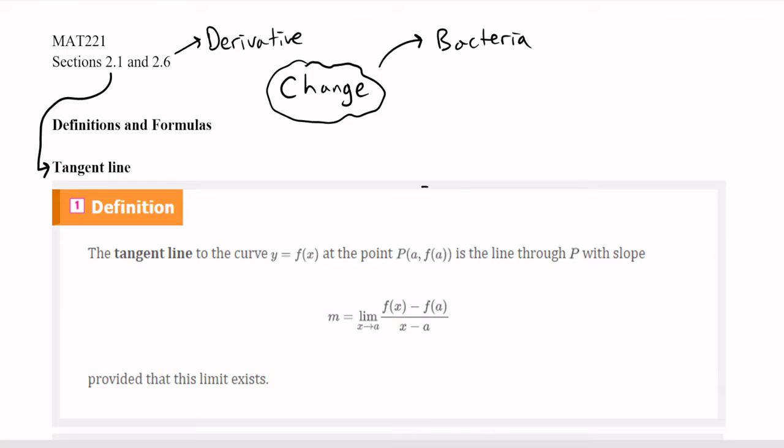Okay, so knowledge of the change in the bacteria population gives us a bunch of good information. So you'll see a bunch of other physics-y type problems like throwing balls, random stuff like that, rocket ships, all that kind of stuff.